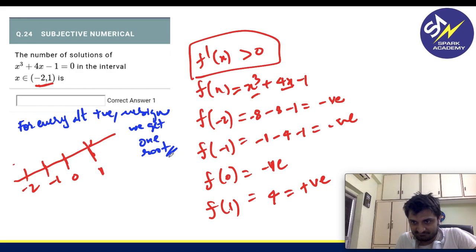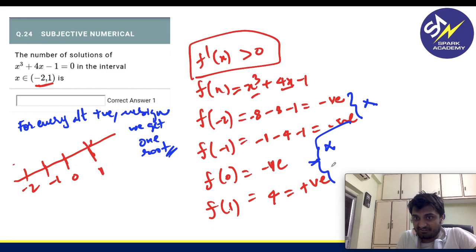First, negative to negative. Is the sign changing? No. Next, negative to negative. No. Negative to positive. Yes. Only once. So the root is 1.